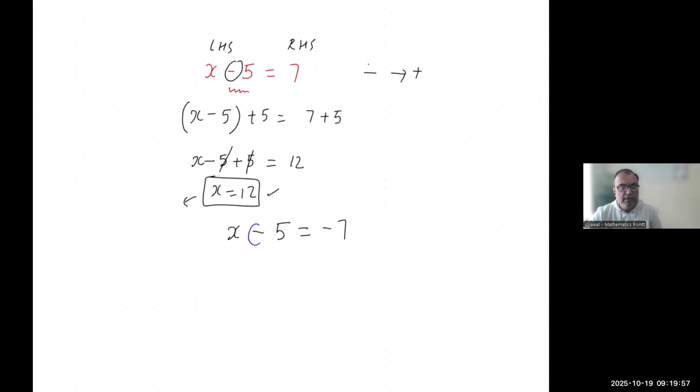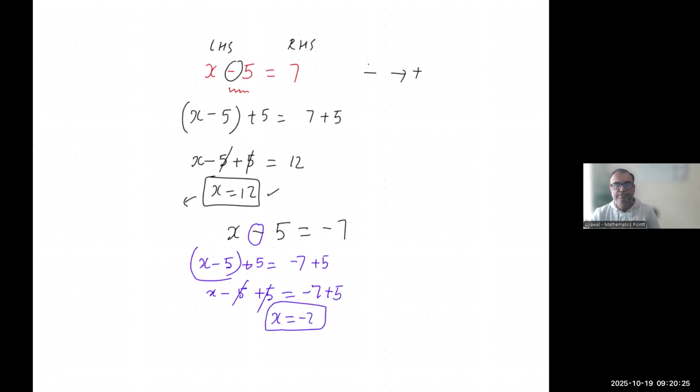I will say x minus 5 plus 5 in a bracket equals negative 7 plus 5. Open the brackets. I know most of you are not used to putting a bracket, but I will tell you the reason why we are doing it. So 5 and 5 cancel, so what's left is x equals negative 2. All right. Cool. Good job.